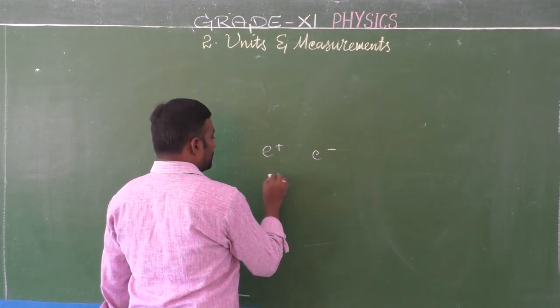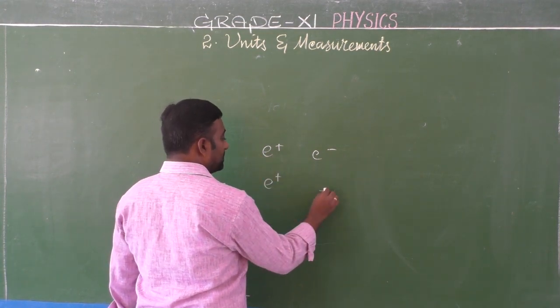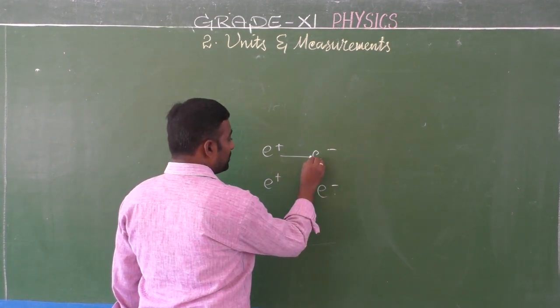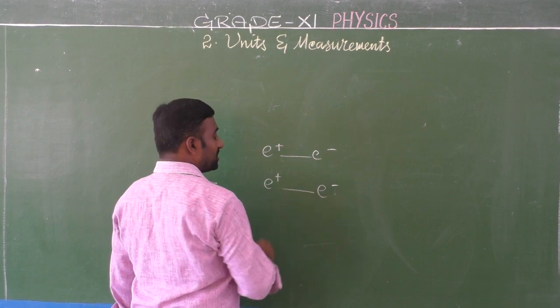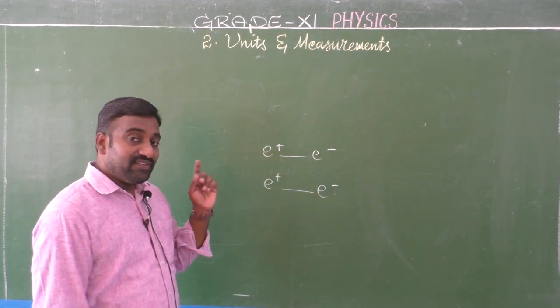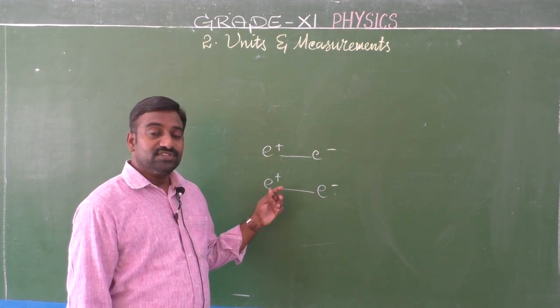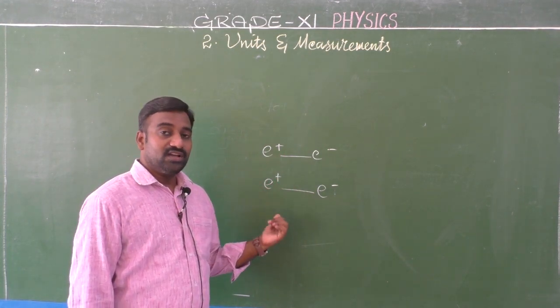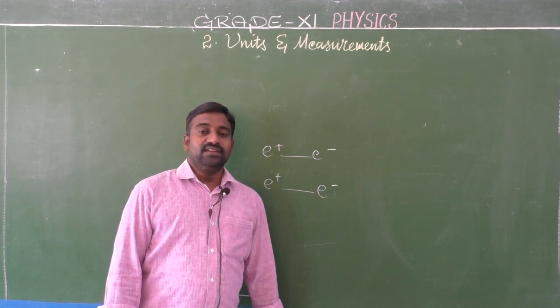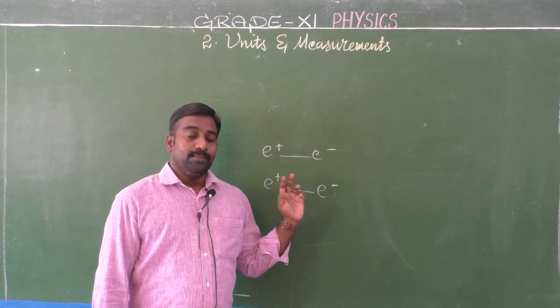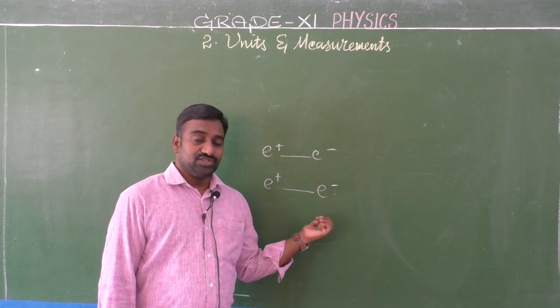The force between proton and proton is repulsive. Similarly, the force between electron and electron is repulsive, but the force between proton and electron is attractive. Gravitational force is only attractive, but electromagnetic force is either attractive or repulsive. And the range is also somewhat short, but compared to the gravitational force, it is a short range only.